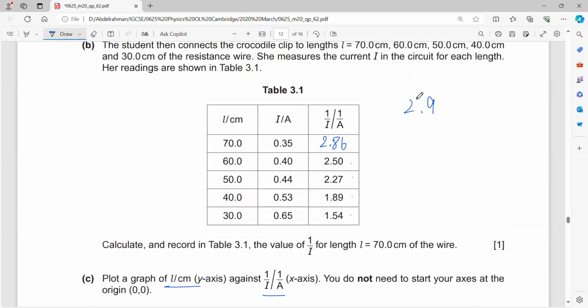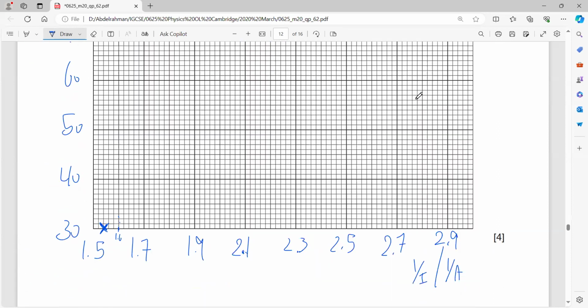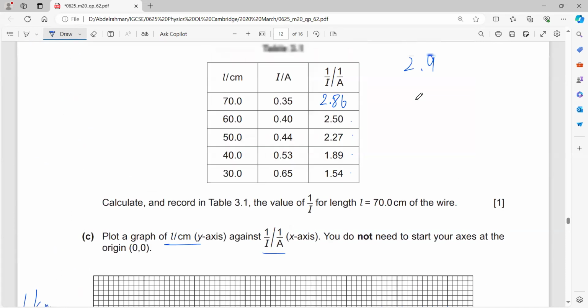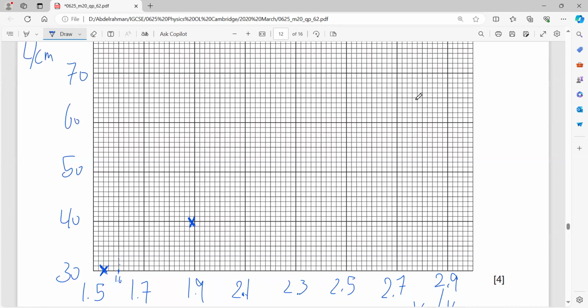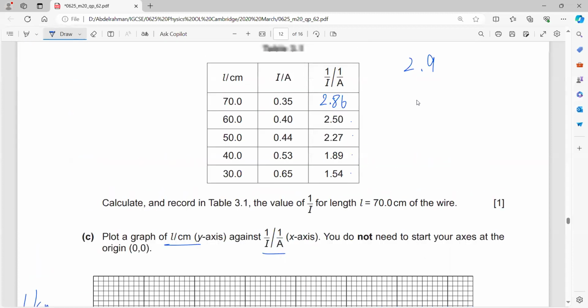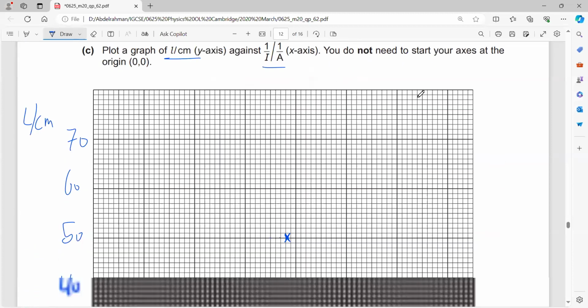And then 1.89 and 40. Here. 2.27, 50. Okay, this is 2.2, 2.20, 2.22, 2.24, 2.26, 2.27. 2.50 and 60.